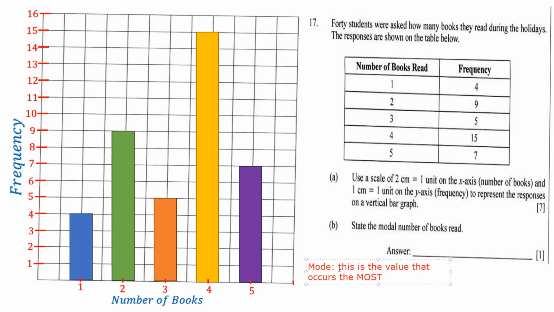And Mark, where's Mark? Mark, can you hear me? You have to speak into the mic. What is the definition for mode? This is the value that occurs the most.